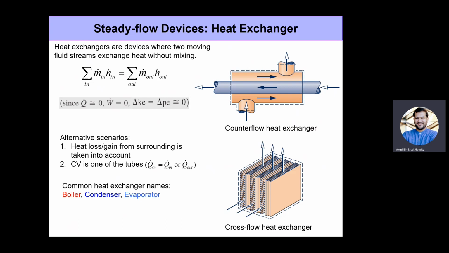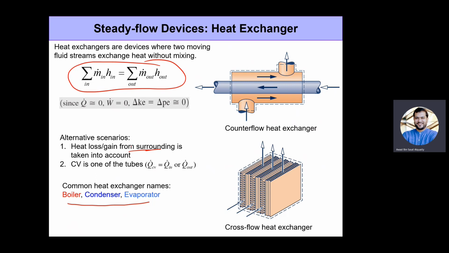All of these are heat exchangers, right? All of these devices exchange heat between two fluids, and they come in different shapes and sizes, but you can apply this sort of energy balance equation in general to solve for them, or you could have situations where you got to take into account the heat loss or gain in some scenarios.